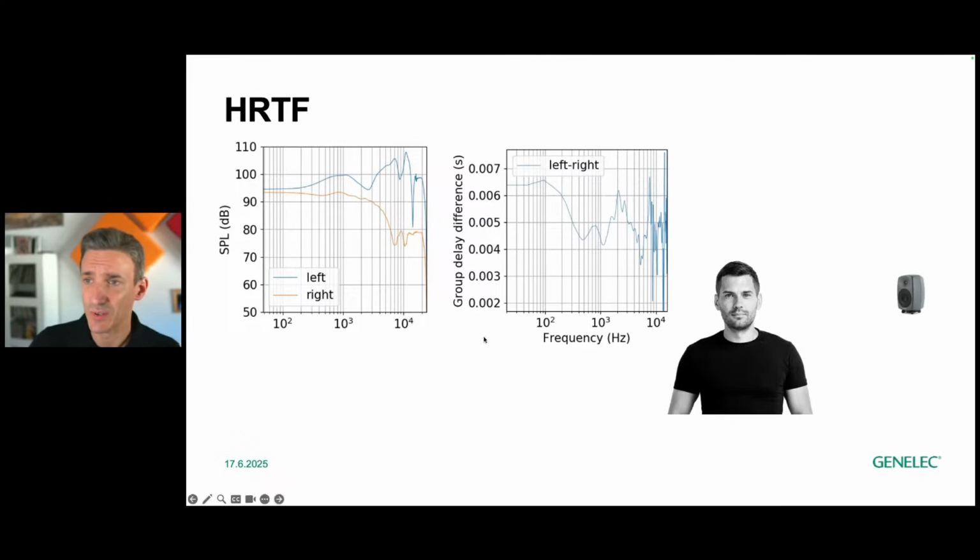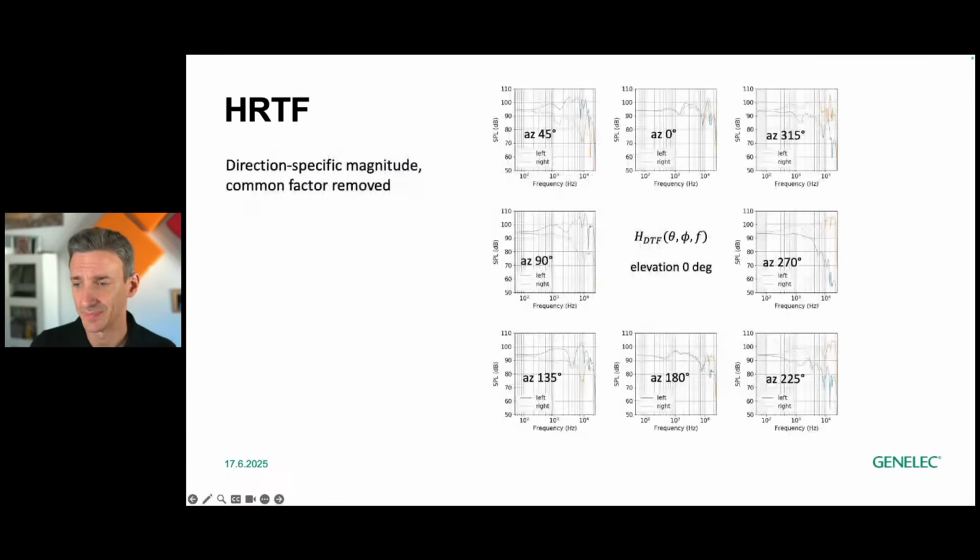And on the right side, you can see the time, so the group delay difference between left and right. And this is just to confuse you. No, this is a selection of how it looks from different angles. And this is really nice to see, because as you can see, we have this 0 degree, which is usually front.